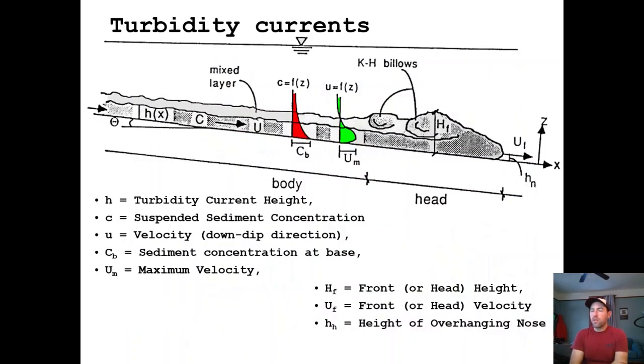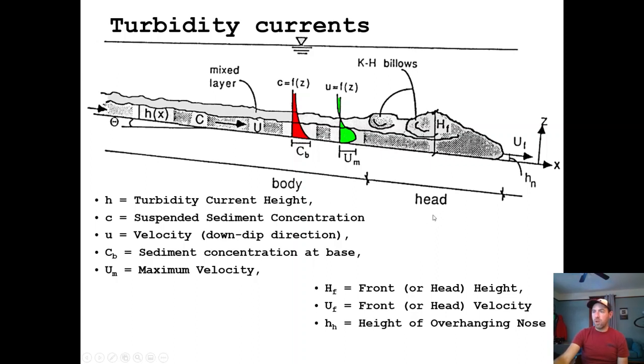And some of the nomenclature that we use, and I didn't put this in too much detail in the lab, but it still showed up there a little bit. In particular, the most important ones, I think, for what we'll talk about are, right, that we can describe a turbidity current at any point along its length by its height.